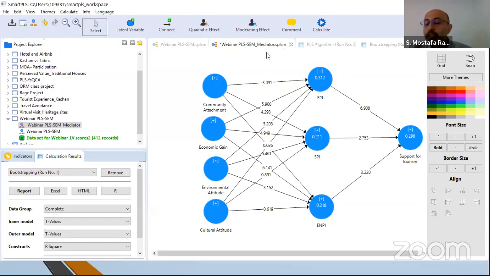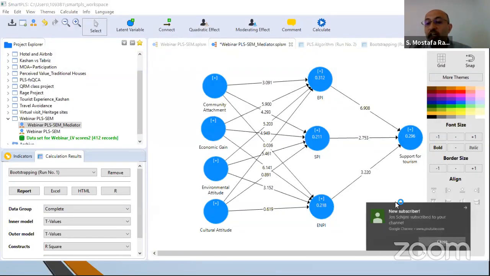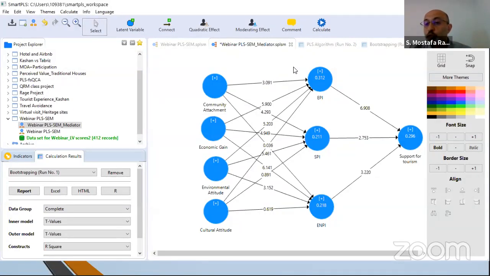For the first one, one tail and two tail depends on your hypothesis. For example, if we hypothesize community attachment has an indirect effect on support for tourism development through economic perceived impact, you mention a positive indirect effect.